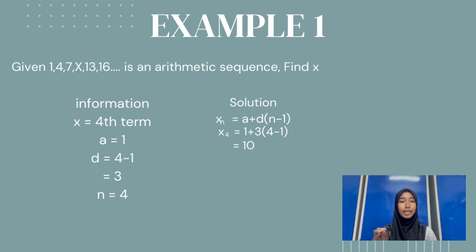So, we got 3. And then, we put our information into the formula, xn equals a plus d times n minus 1. So, a is 1 and d is 3, and n is 4, which is 4 minus 1. And the final answer we get is 10.